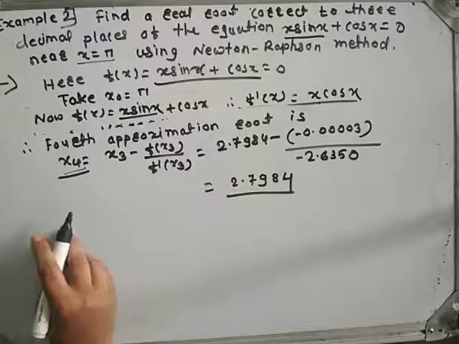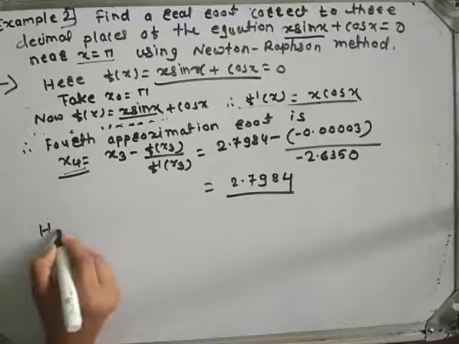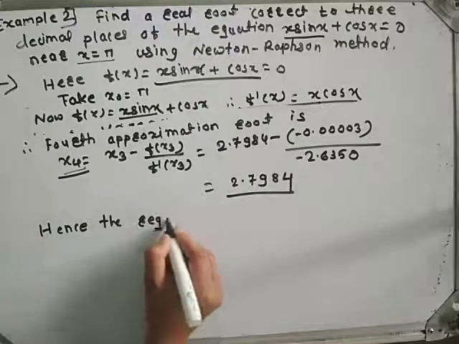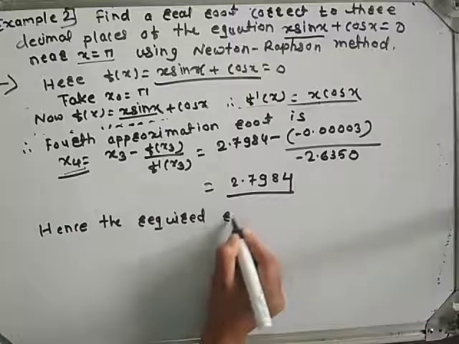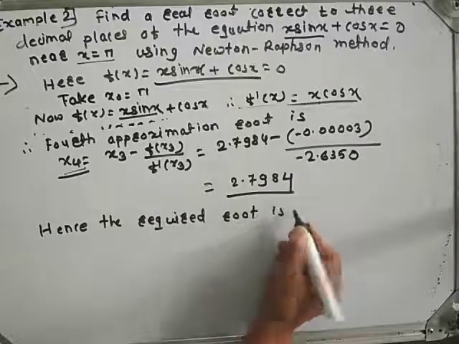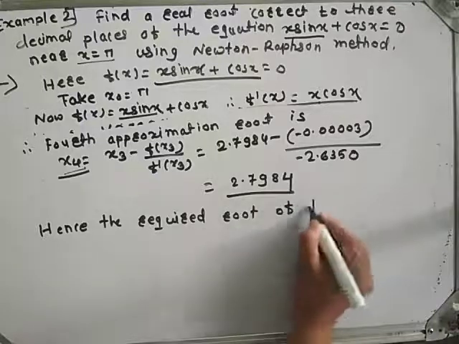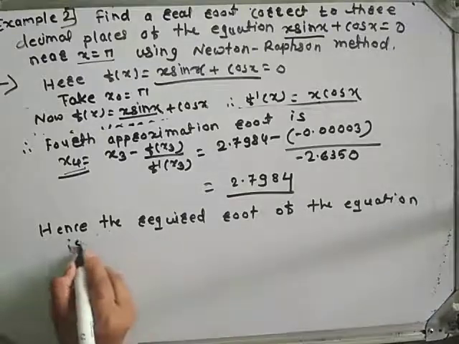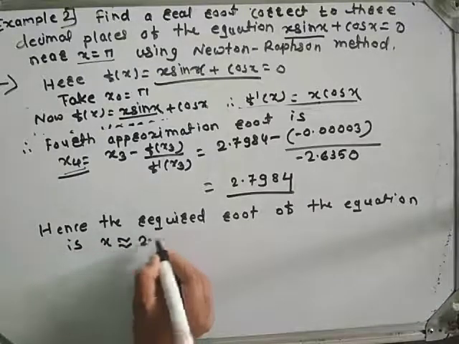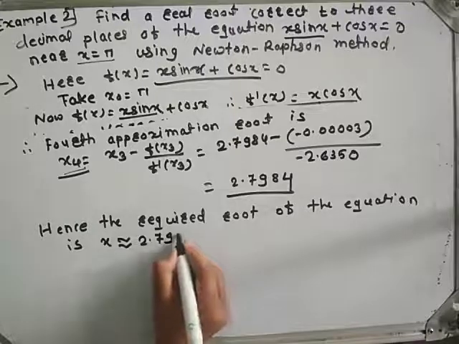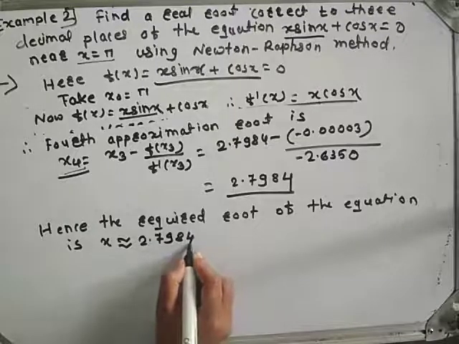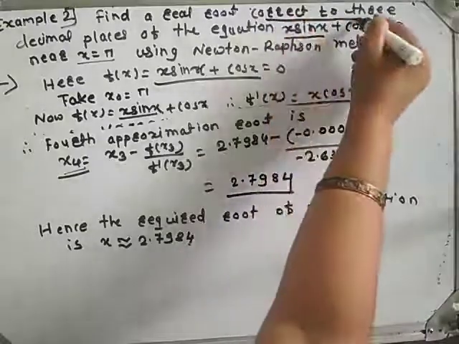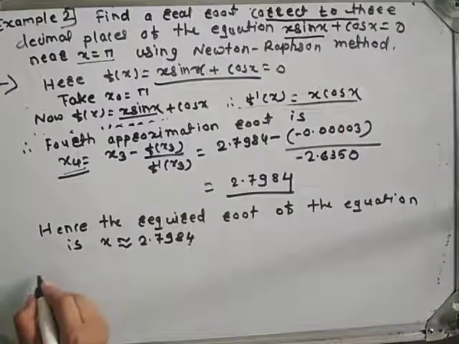Therefore, we will stop iteration and hence the required root of the equation is x is approximately equal to 2.7984, and we have to correct it to 3 decimal places.